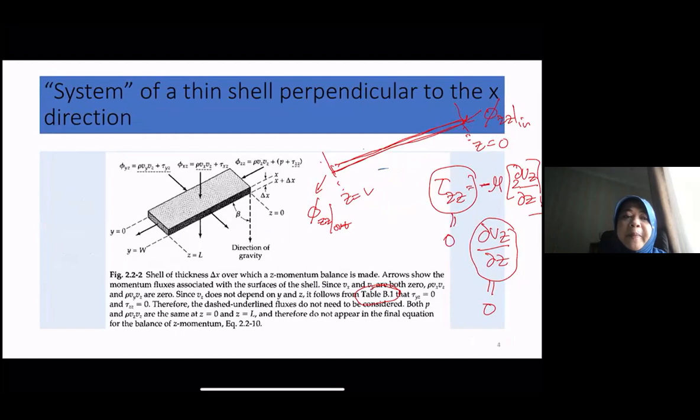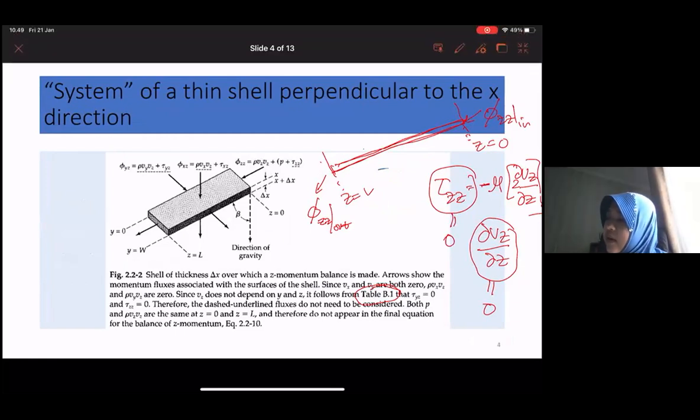Okay, another one. Let's say for example, maybe with a different color, yeah. I would like to know, try it, if tau, for example, tau yz. The tau yz is actually minus mu d phi z divided by dy. Okay. Is it 0 or not?